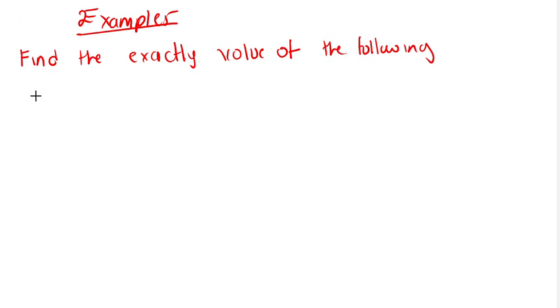The first one, they can say maybe sine squared 45 plus cos squared 60.